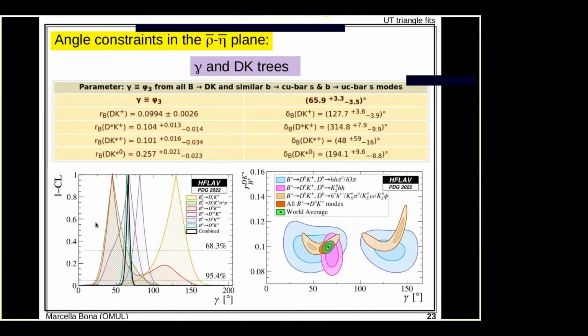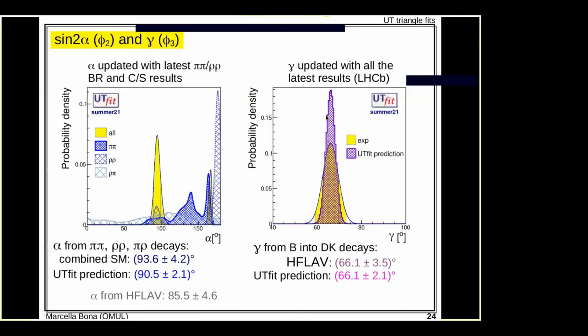And you have here an example of the extraction of gamma and the two-dimensional extraction in gamma and RB.